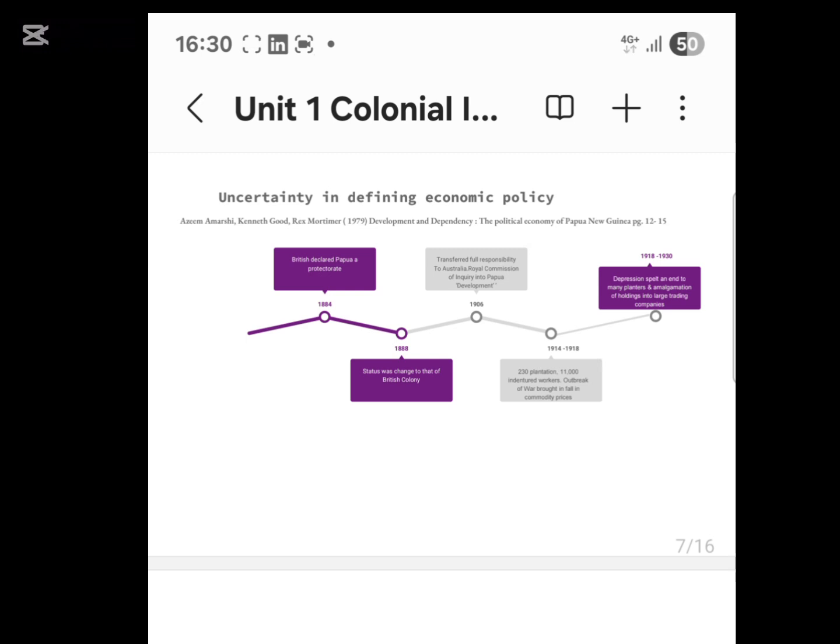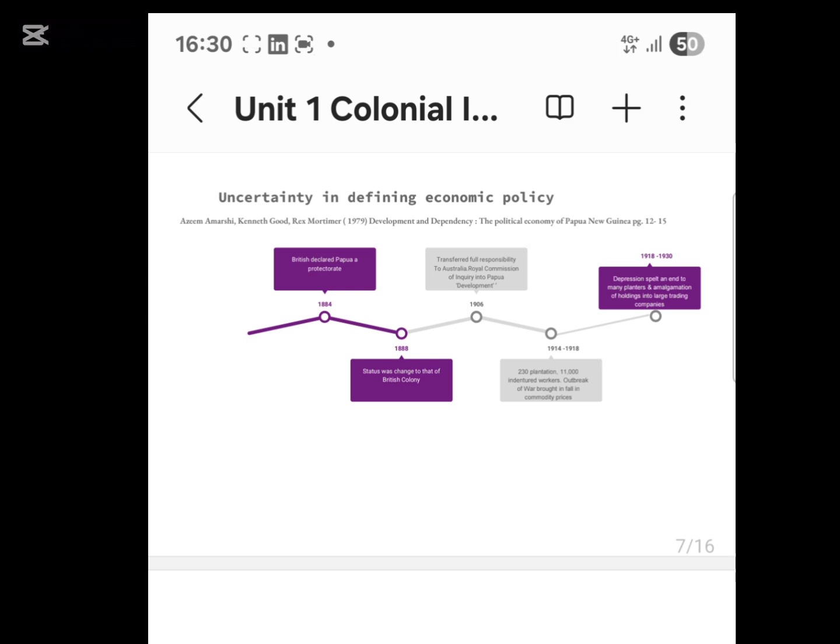Now this is significant because while that role was passed on from Britain to Australia, Australia was in itself trying to negotiate its way in development. In 1901, Australia got its political independence from Britain. So, while trying to concentrate on developing Australia's own economy, they had another burden to take care of Papua.